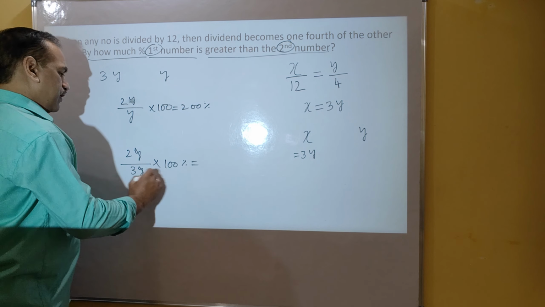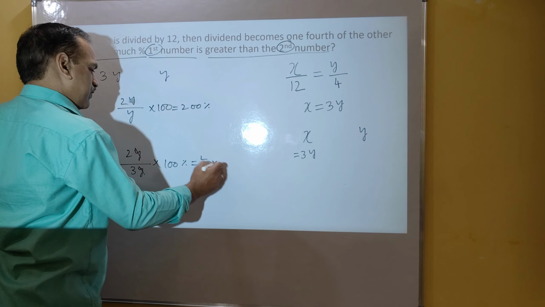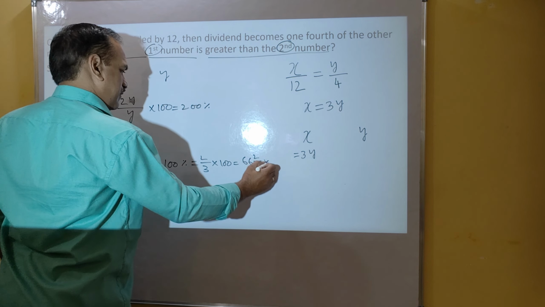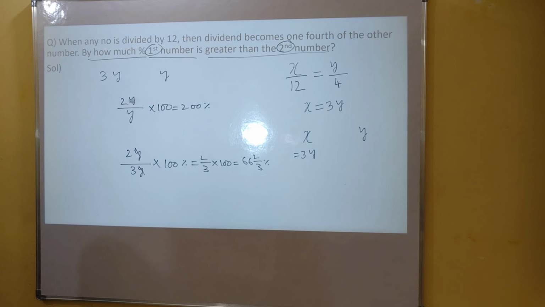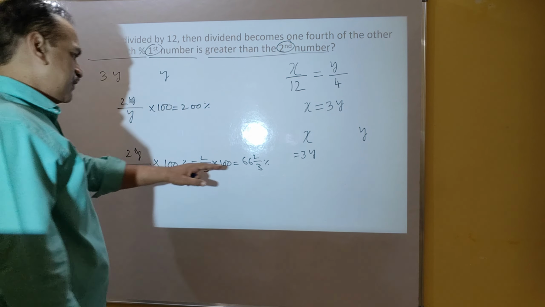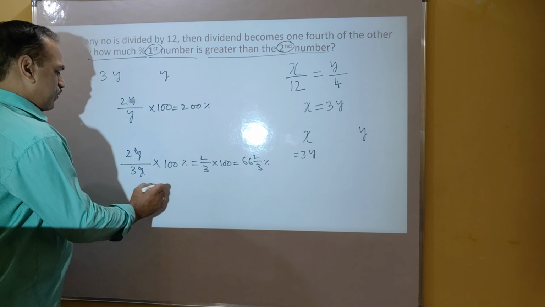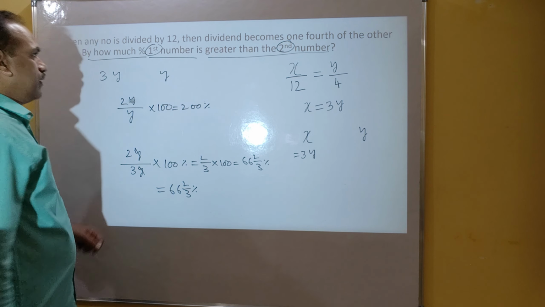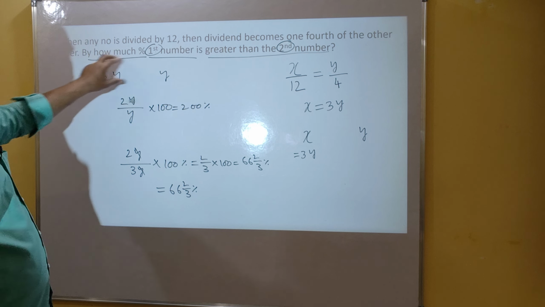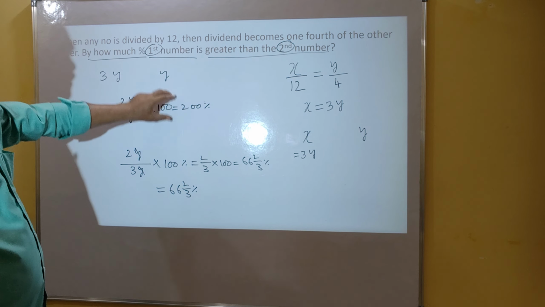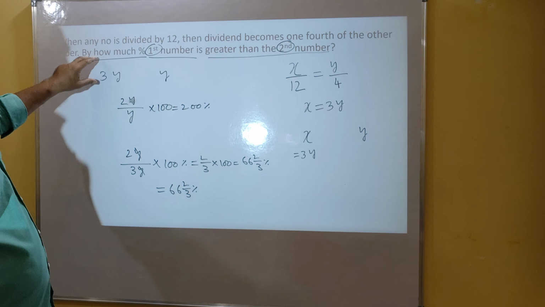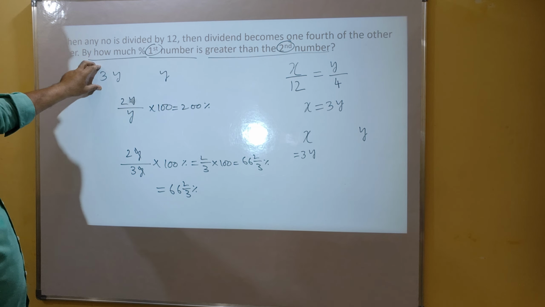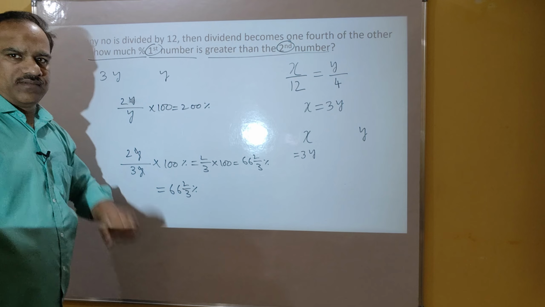So it is 2/3, which is 66 2 by 3%. So the first number is greater than the second number by 200%. The second number is less than the first number by 66 2 by 3%.